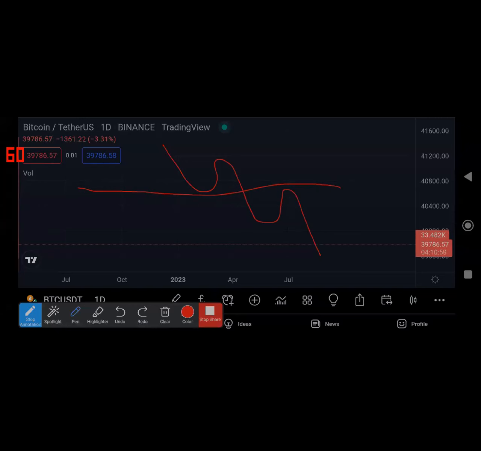Now, after it bounced off, it came again and was able to break it. You see? So when it breaks it, it now creates a new resistance. Now understand this rule. Whenever a support is broken, that former support is expected to be a resistance. Whenever a resistance is broken, that former resistance is expected to be a support.